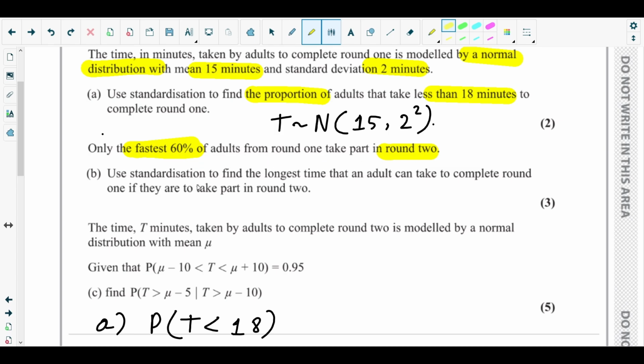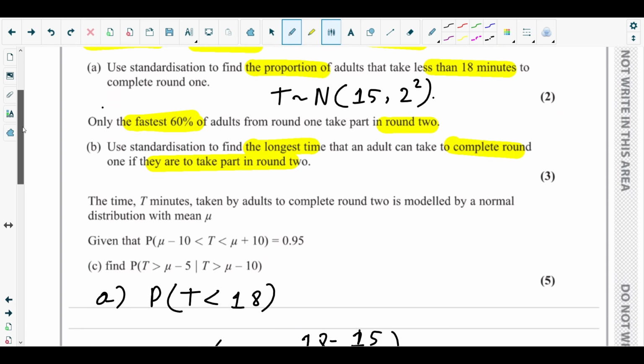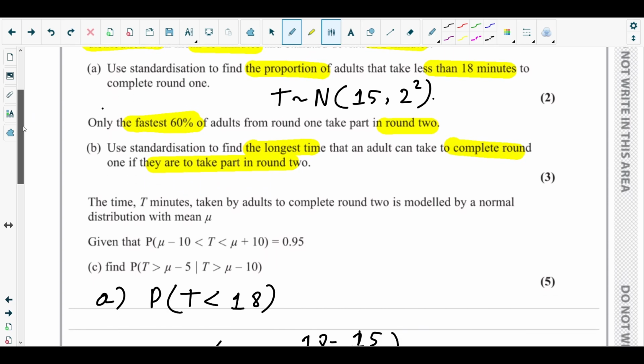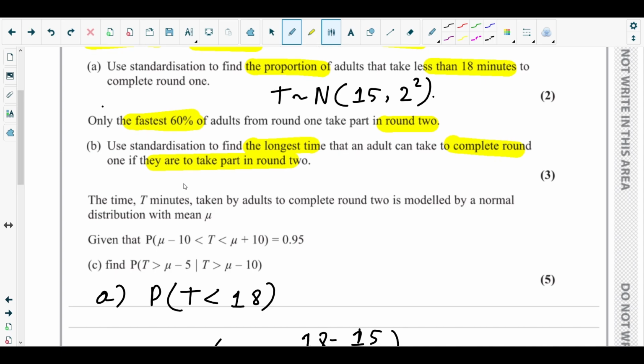Part B asks us to use standardization to find the longest time that an adult can take to complete round 1 if they are to take part in round 2. That means we need to find the maximum time they can take in round 1 and still get into round 2.